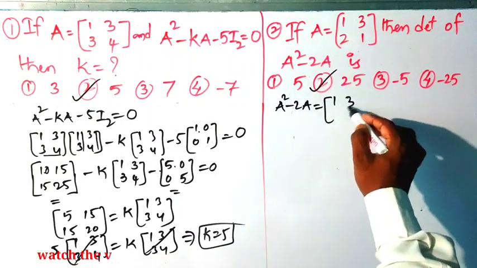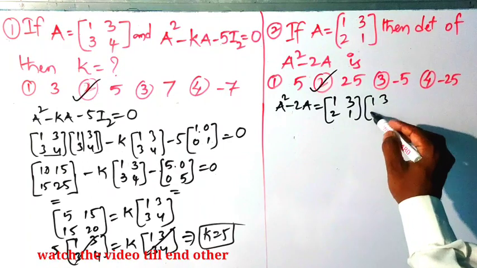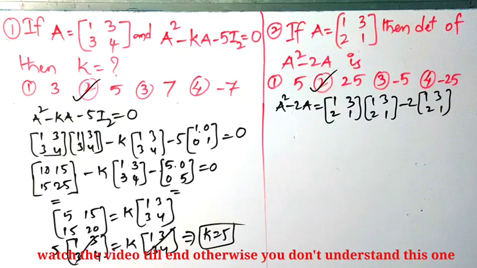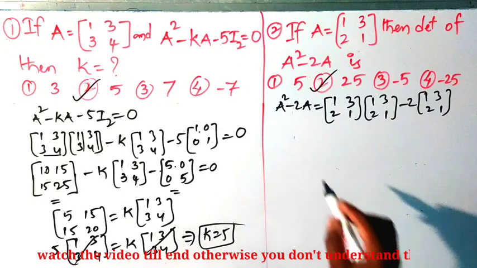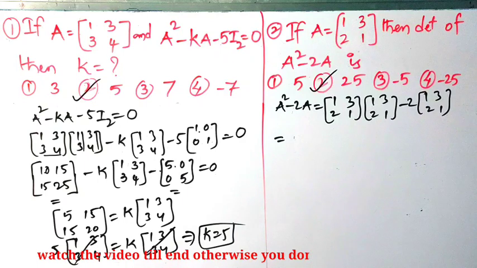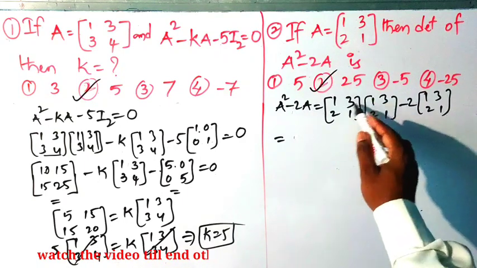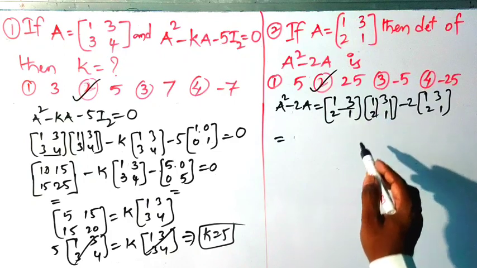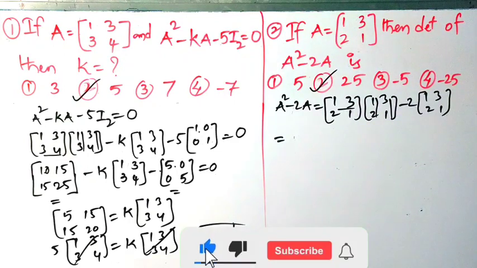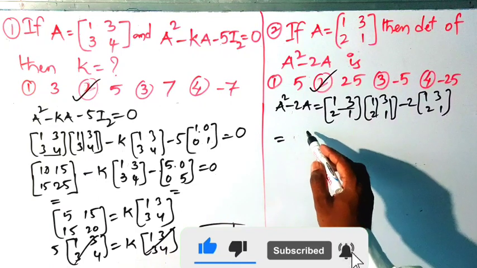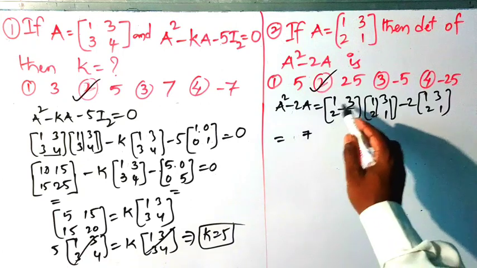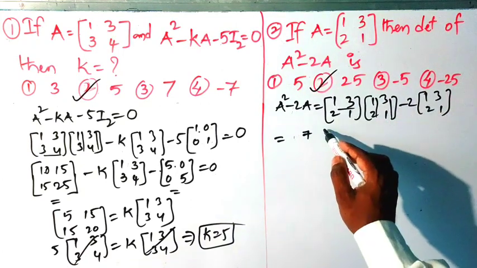A square is [[1,3],[2,1]] into [[1,3],[2,1]] minus 2 into [[1,3],[2,1]]. With row and column operations: 1 into 1, 1, plus 3 into 2, 6, so 1 plus 6, 7. Next, 1 into 3, 3, plus 3 into 1, 3; 3 plus 3, 6.